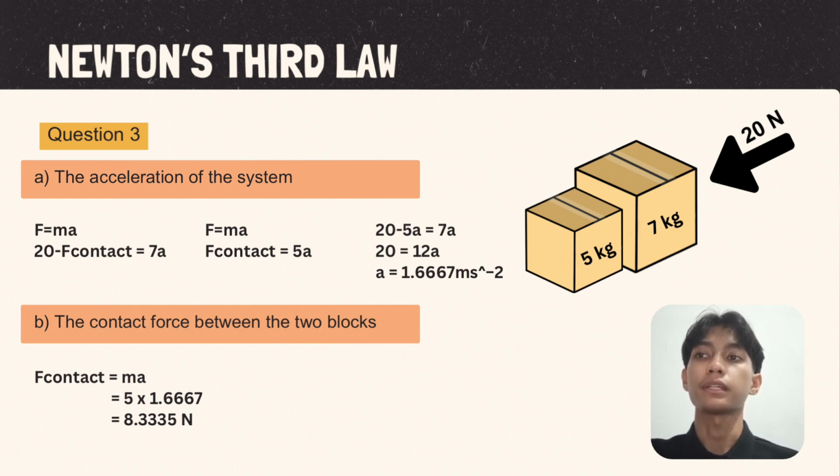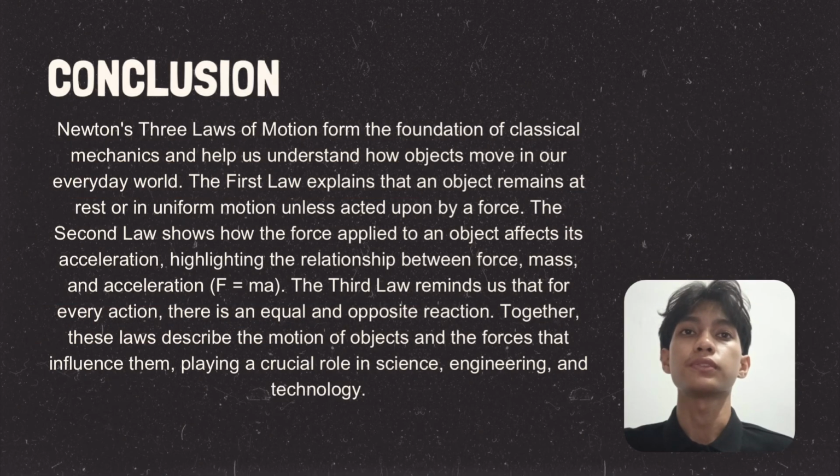So for question B, we will use the formula F contact equals ma. The m is 5 and the a is 1.6667, and we will get 8.3335 Newton.